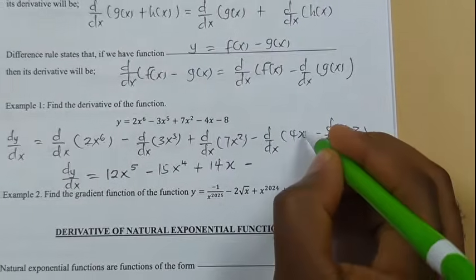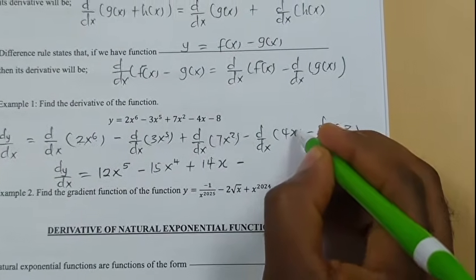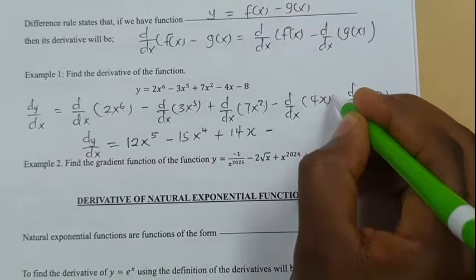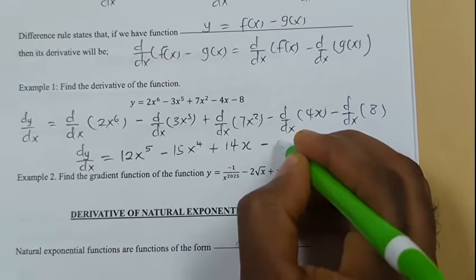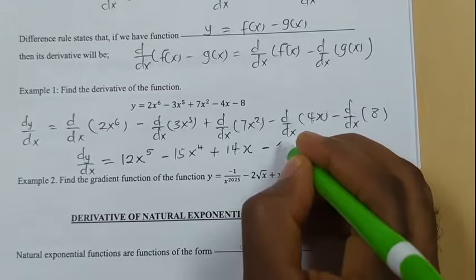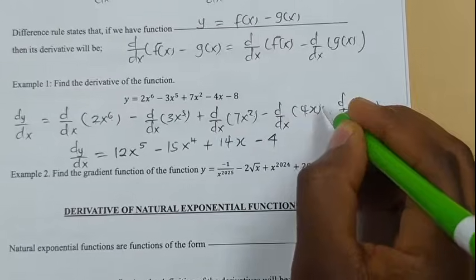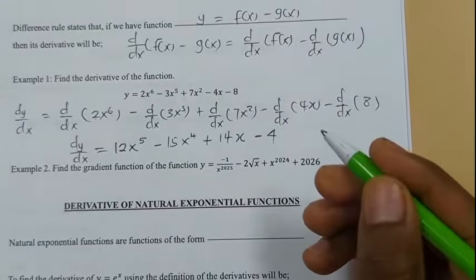Then minus, remember the exponent of this function is 1, and 1 times 4 will still be 4, and when we subtract 1 from the exponent, we'll get x exponent 0, and x exponent 0 is 1.